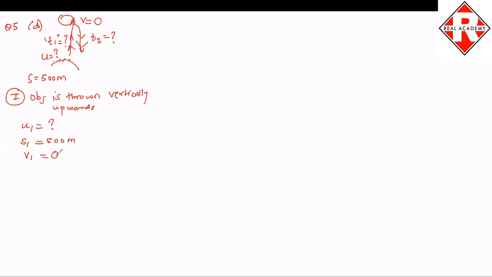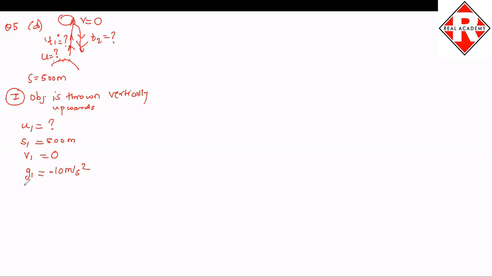That is, the final velocity at that point will become 0. Do we know acceleration due to gravity? Yes. If the ball is thrown vertically upwards, acceleration due to gravity acting on it will be negative, and it is given as 10 meters per second square. It is given in the question itself, but it will be negative.